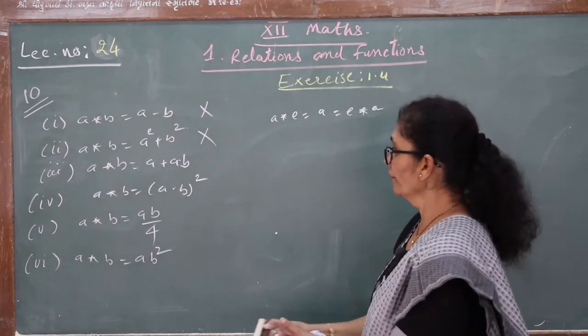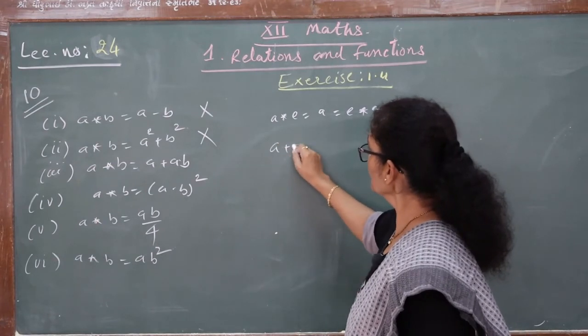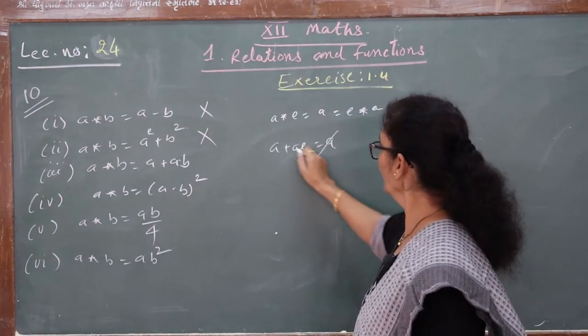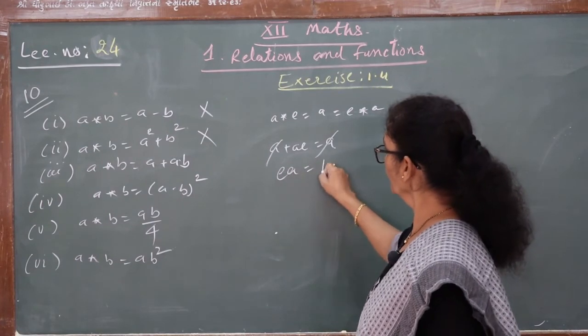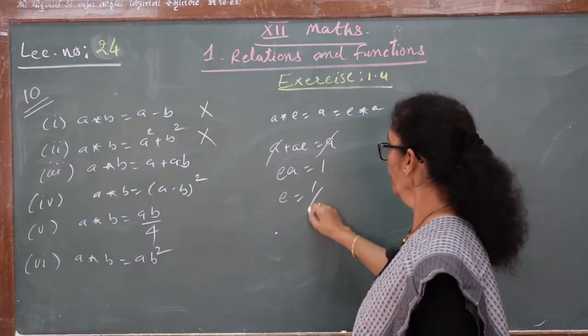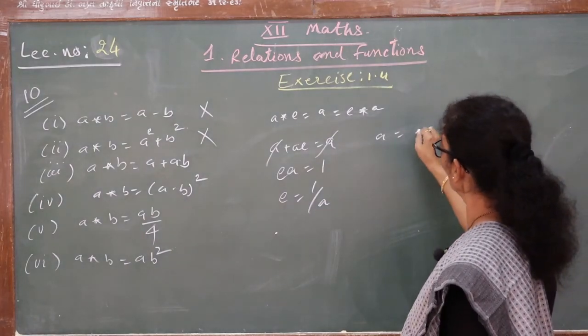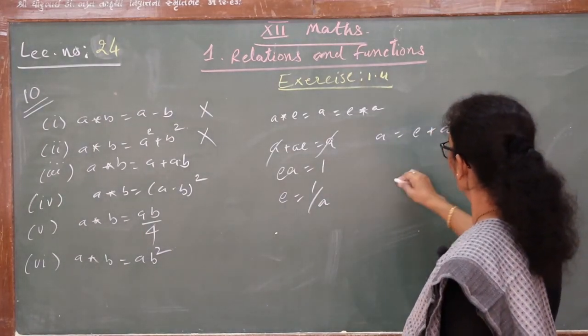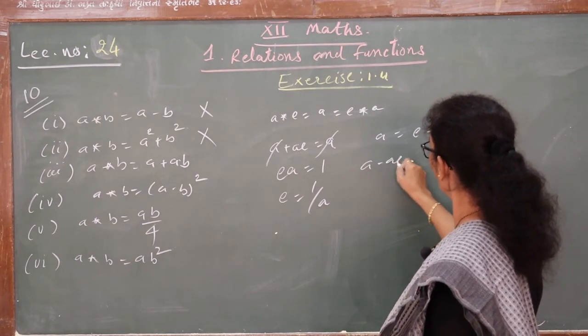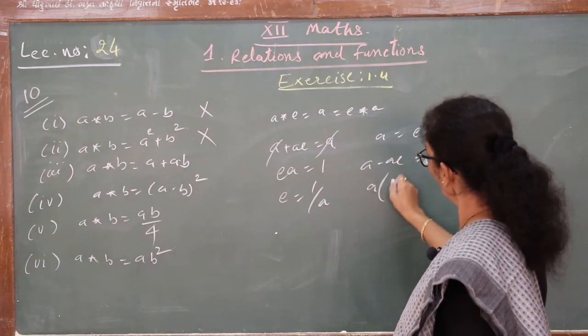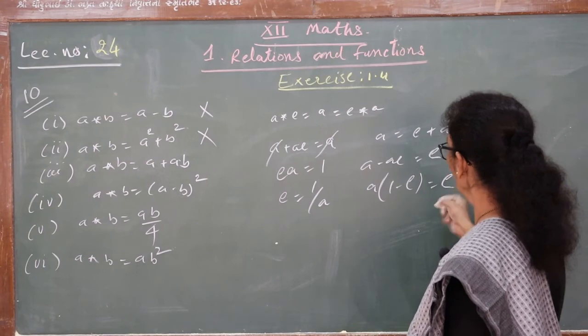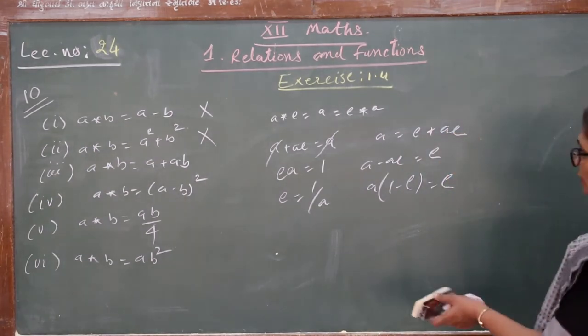Let's come to the third one. a plus ae equal to a, a cancels, ae equal to 1. So e equal to 1 by a. Here also we are not getting it, because a equal to e plus ae. So a minus a equal to e, a common, 1 minus e equal to e. That way also we are getting a different answer.